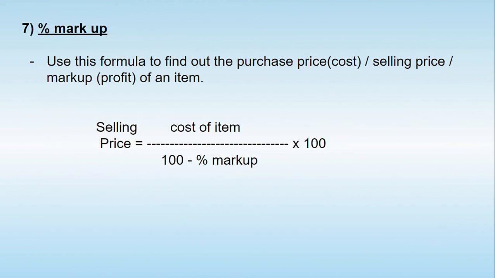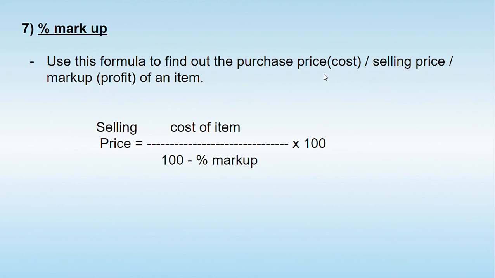The last one, which is related to part 1 of this video, is percentage markup or the profit. Because in the pharmacy, the drug or the medicines or the drug products are purchased at a particular price, which we call the purchase price. And they are sold or given to the customers on the basis of the prescription at a selling price.